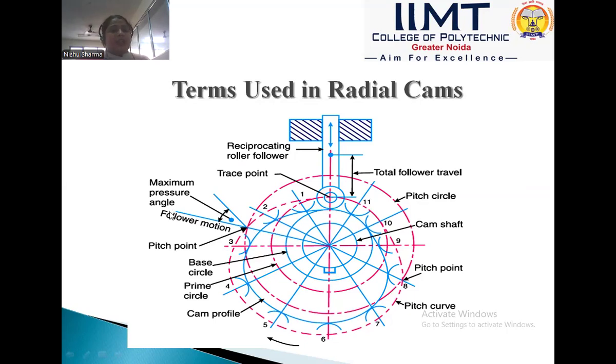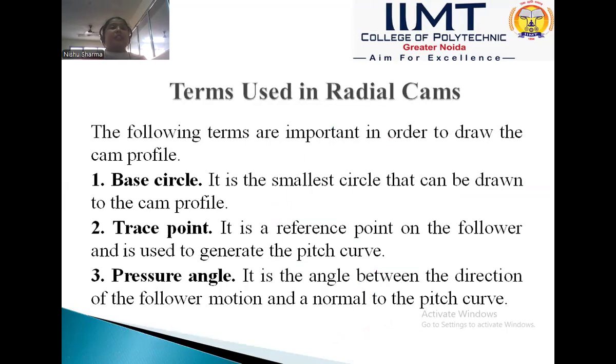If the pressure angle is very large, then the reciprocating follower will jam in its bearing.